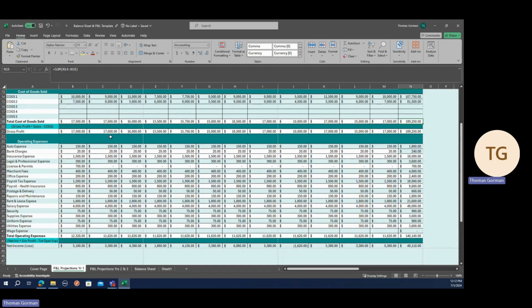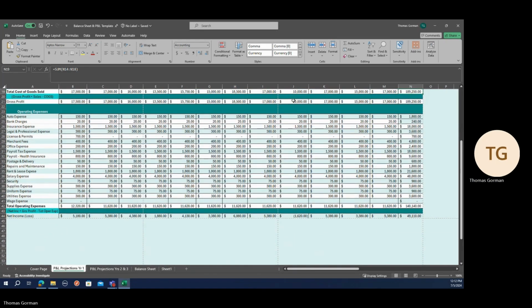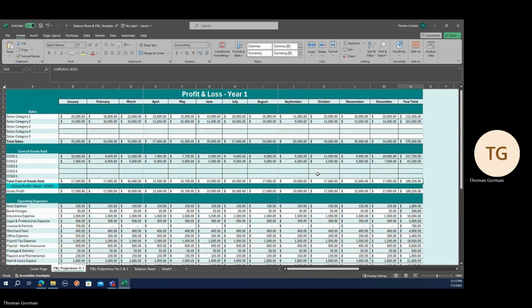We can see that our gross profit for every month other than the month of September exceeded our break-even point. So the month of September was the only month that we did not make a profit in. We lost $1,620 on that month. But for the year, we made $49,110. So that's what year one is going to look like.